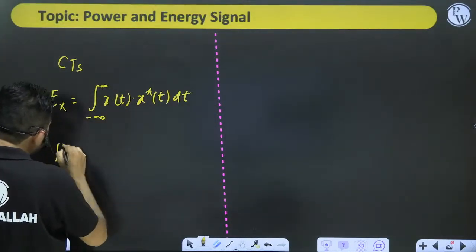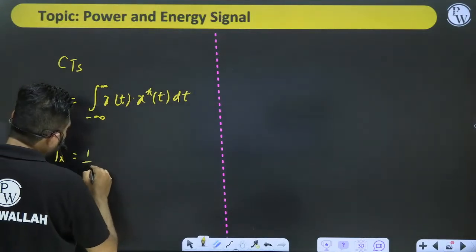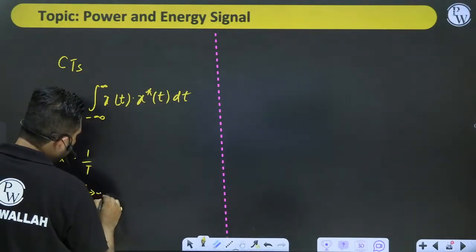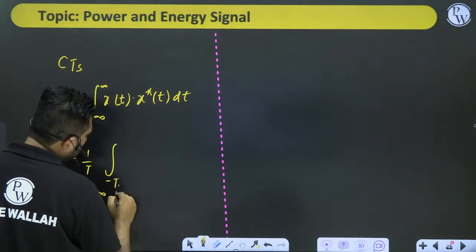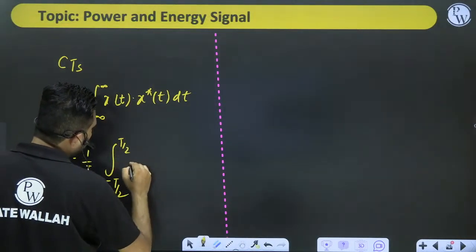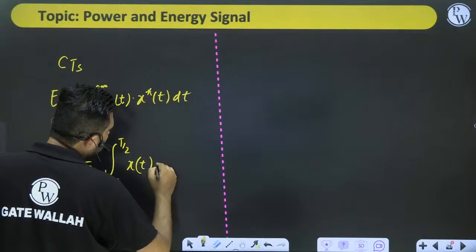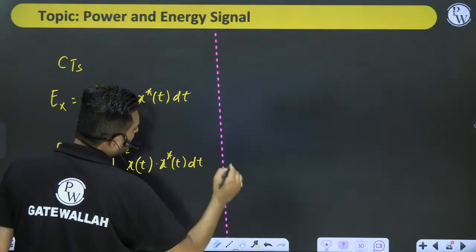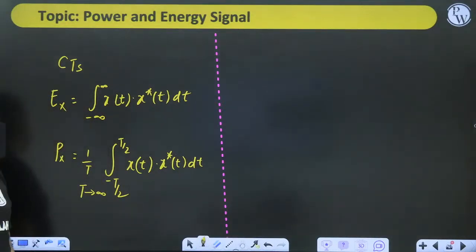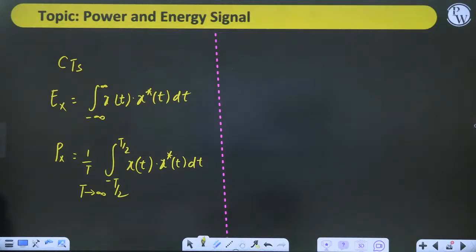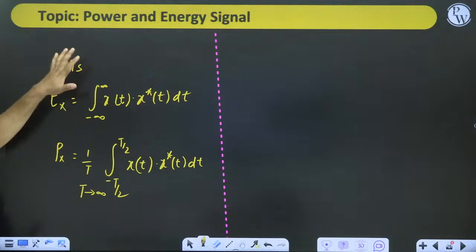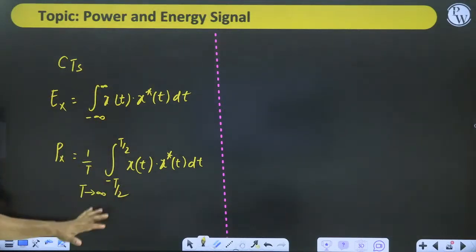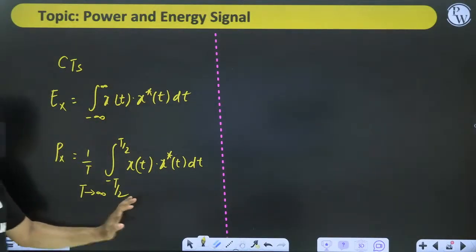Power was 1 over T with T tending towards infinity, integral from minus T by 2 to T by 2 of x(t) into x conjugate (t) dt.